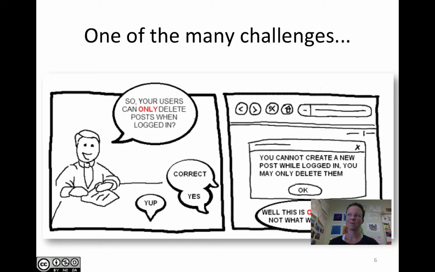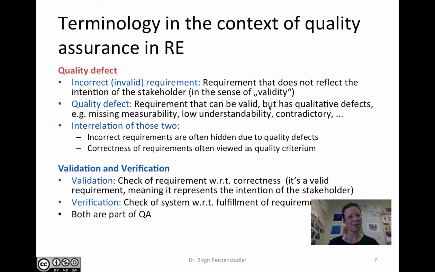So what does that mean for us as requirements engineers? When we talk about quality assurance in RE, we usually talk about quality defects, and we talk about incorrect requirements. So we have invalid, incorrect requirements that do not reflect the intention of the stakeholder, or we have quality defects, requirements that are in themselves valid requirements, but they have qualitative defects.